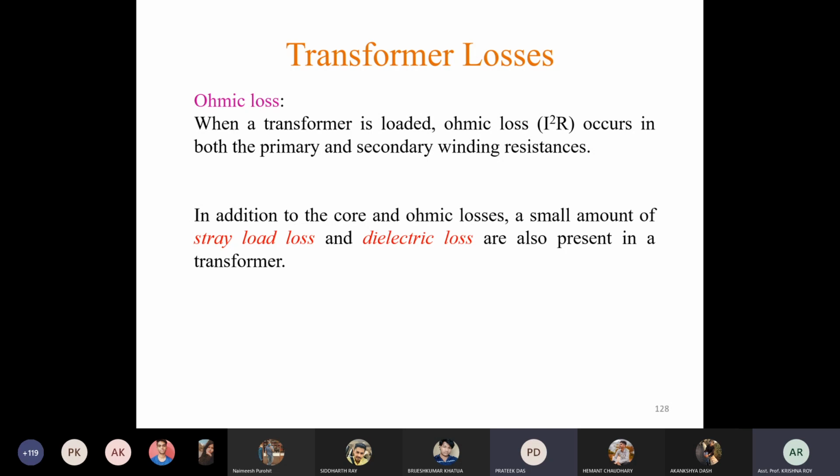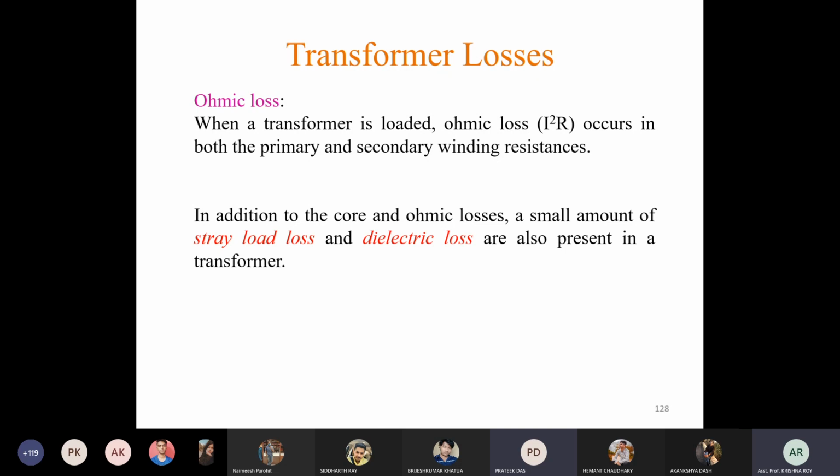And dielectric loss occurs in the insulation part. Insulation means through which current is not allowed to flow, that means bad conductors of electricity.